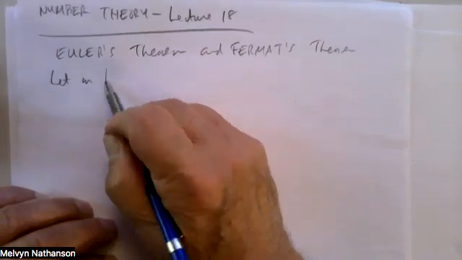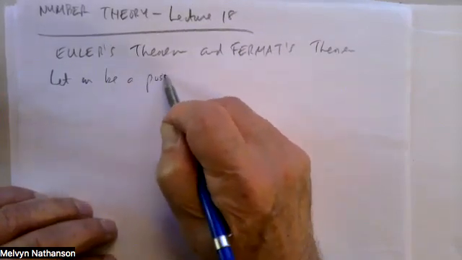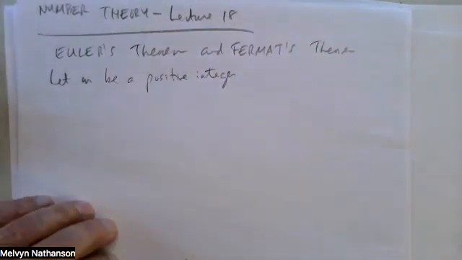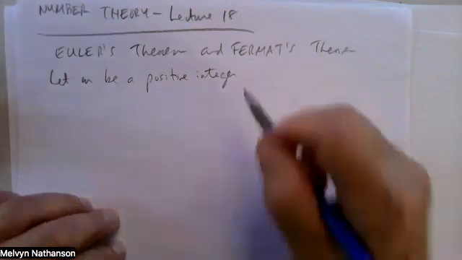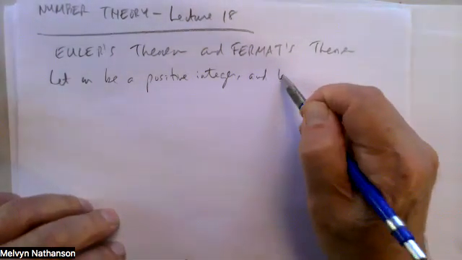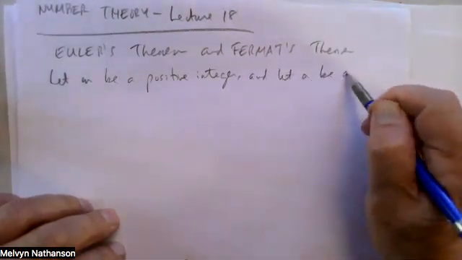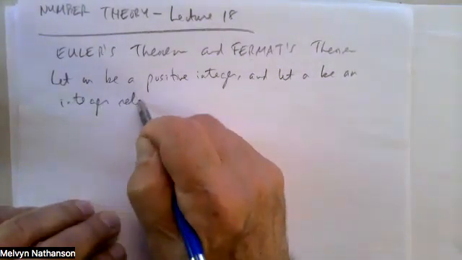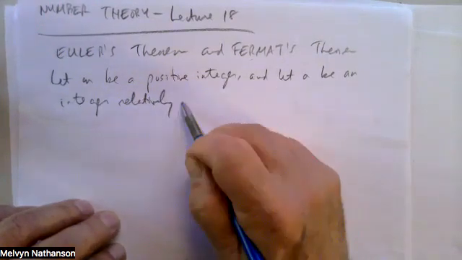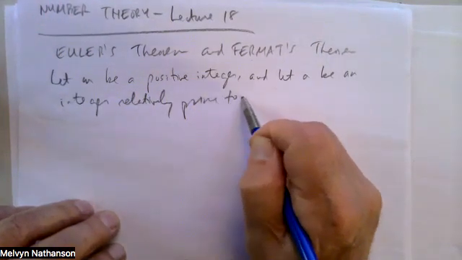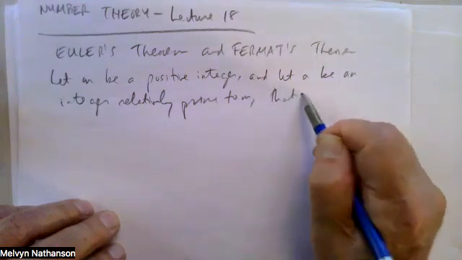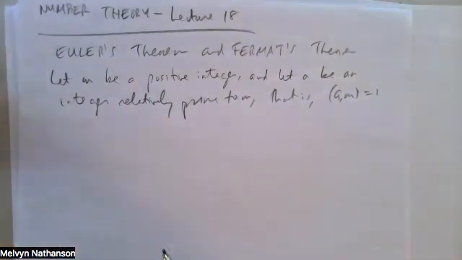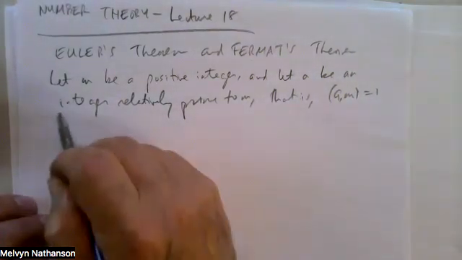Let M be a positive integer and let A be an integer relatively prime to M. That is, the greatest common divisor of A and M is equal to 1.